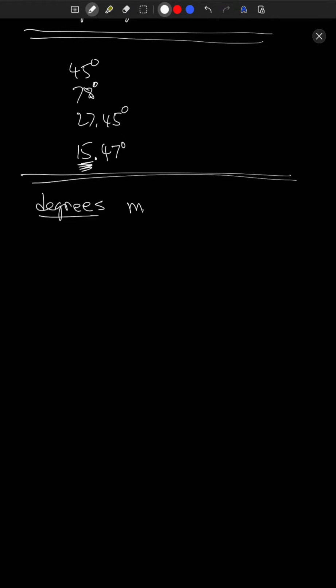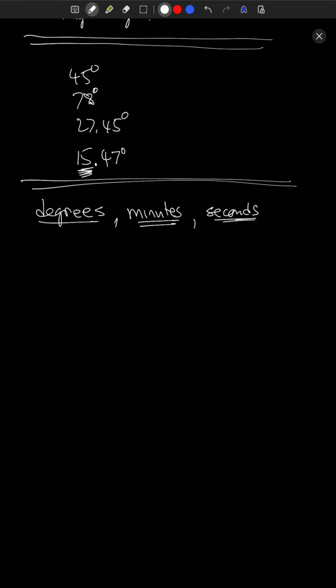And then it uses minutes and seconds for the decimal parts. All right. So degrees, minutes, seconds. So this is our first kind of more concrete material.